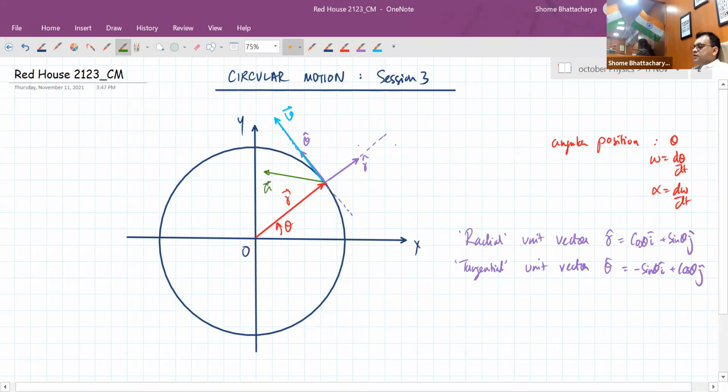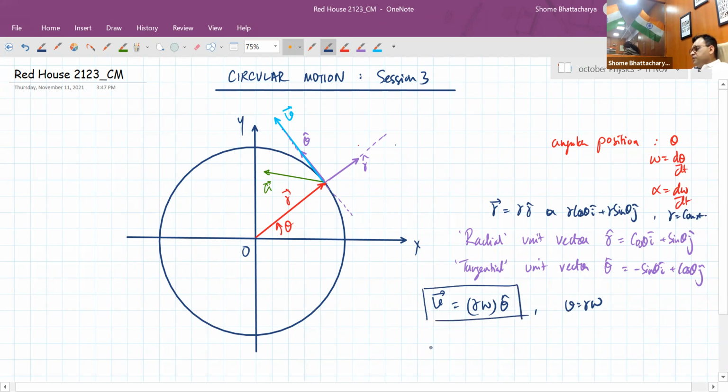The acceleration vector in general could be something like this. So velocity is r omega theta cap. The magnitude of velocity is always r omega, and that is the property of the circular motion.